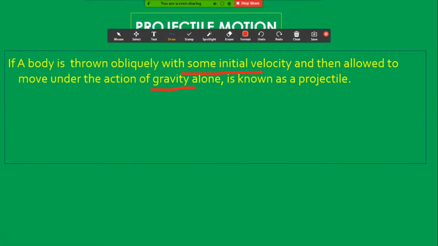But the concerning point is that this body must be thrown obliquely. If you throw this body vertically, then it will not be defined as projectile motion or a projectile. To get projectile motion, you have to throw a ball obliquely.